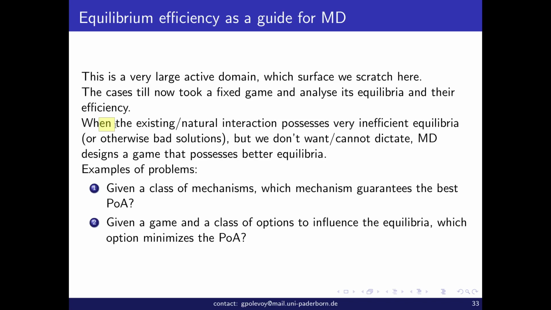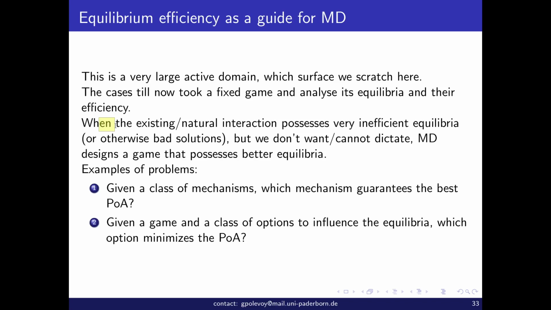Then we actually can think of the following problem, and that's called mechanism design. That is finding a game, designing a game that possesses the equilibrium we want. So not given a game finding an equilibrium as we do, but given what we want the players to do, finding a game such that it will be an equilibrium in that game.